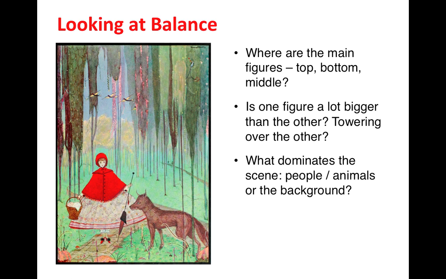Sometimes the wolf is much larger than the little girl. What dominates the entire scene? Is the background sort of taking charge or control? Or is there a balance between, in this case, trees and Little Red Riding Hood and the wolf? These are just all questions you can ask yourself to get ideas and details for writing an analysis, and also just for looking more critically at artwork.